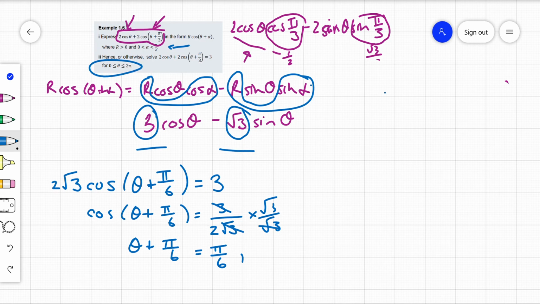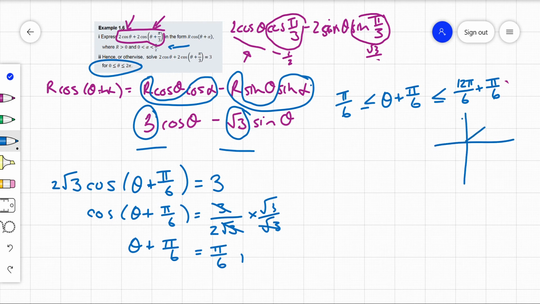So if I'm solving for theta plus pi on 6, I'm going to add pi on 6 to 0 and to 2 pi. 2 pi being 12 pi on 6, so if I add pi on 6 to that, I'm getting 13 pi on 6. We're just going from pi on 6 all the way back around to there, so 13 pi on 6.